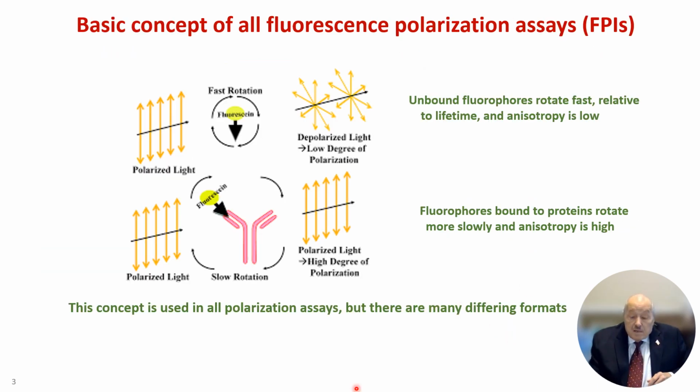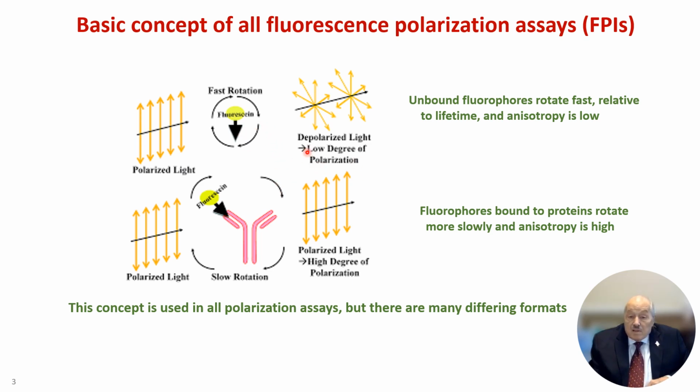So the basic concept for all fluorescence polarization assays is simply the binding of a smaller molecule to a bigger molecule. Now, the smaller molecule is typically, let's say, some drug you would like to test, and in order to test it, you have to make a fluorescent analog of it to see if you have antibodies for it.